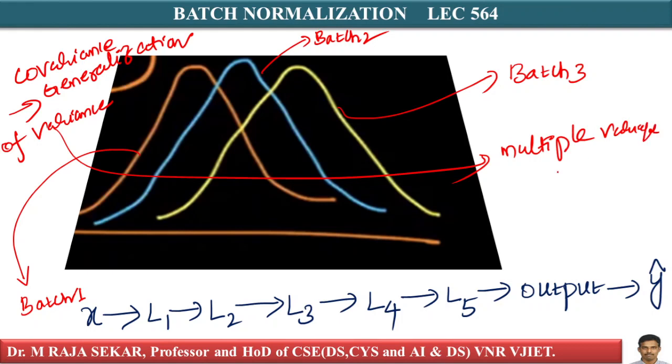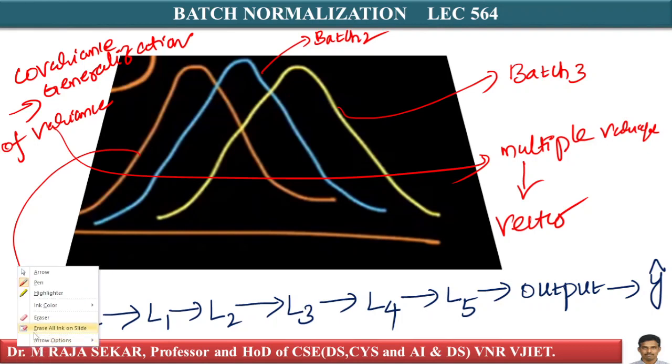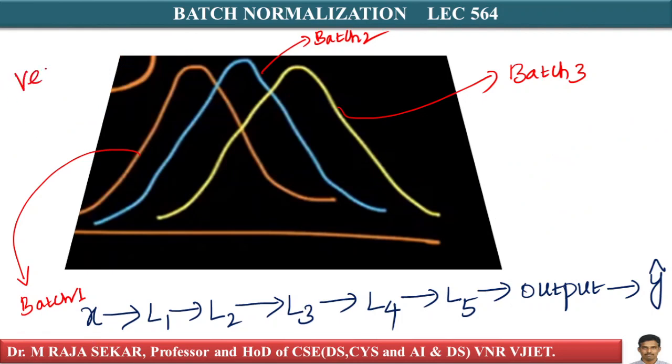What is the meaning of multiple variables? It means a vector, instead of your input being a scalar. If you have a vector, you can compute covariance.